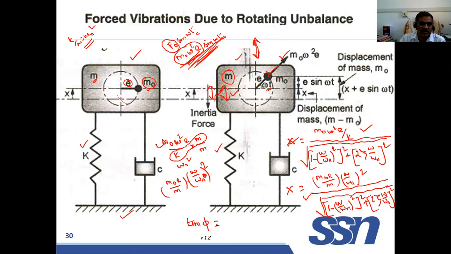So tan phi is equal to the same equation, 2 into psi into omega by omega n divided by 1 minus omega by omega n square. So this is the phase angle difference between the forcing function and the displacement function. Now you are going to solve a problem in this.